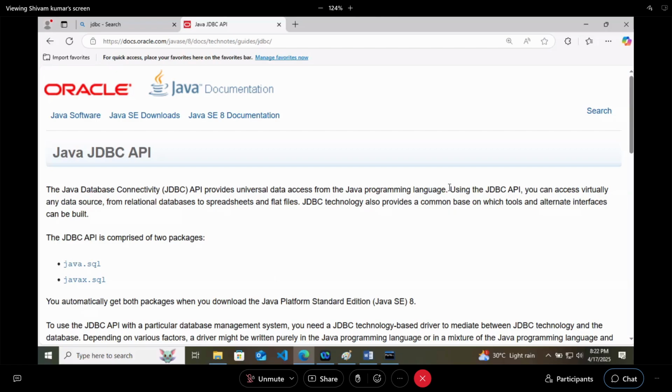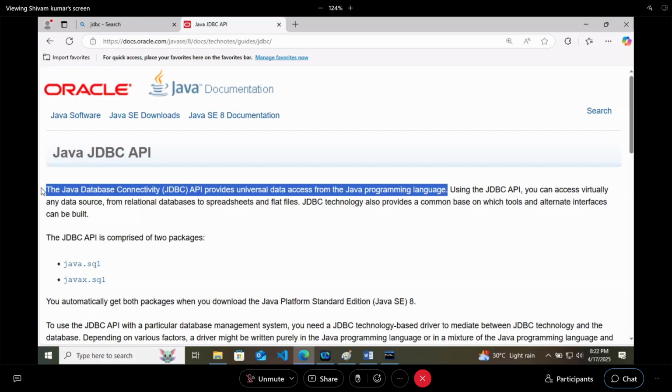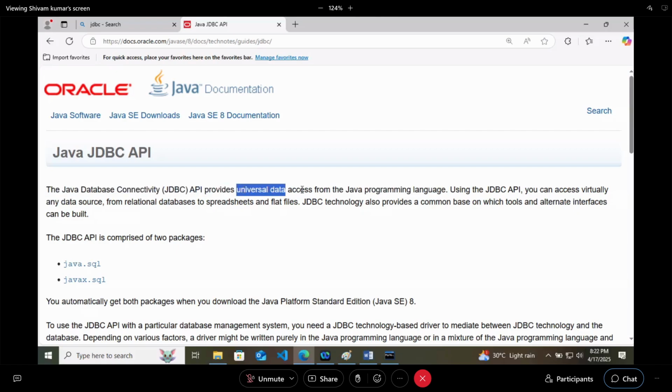This line we have already read, that JDBC is an API which provides data access from Java, that using your Java you can communicate with your database. Using the JDBC API you can access virtually any data source. Doesn't matter from where data is coming, from relational database to spreadsheets and flat files. Spreadsheet means Excel. You know Excel?